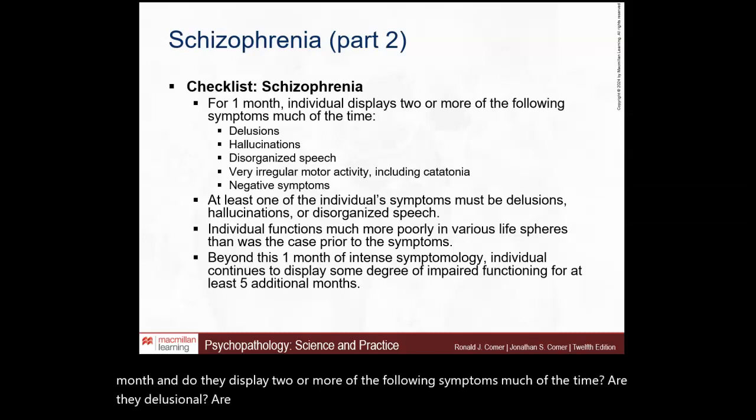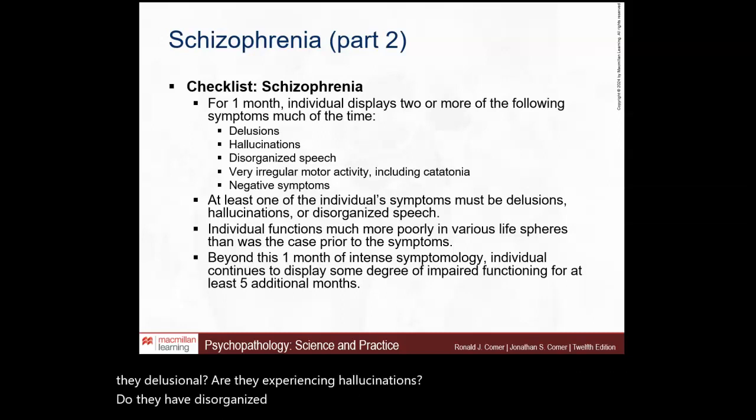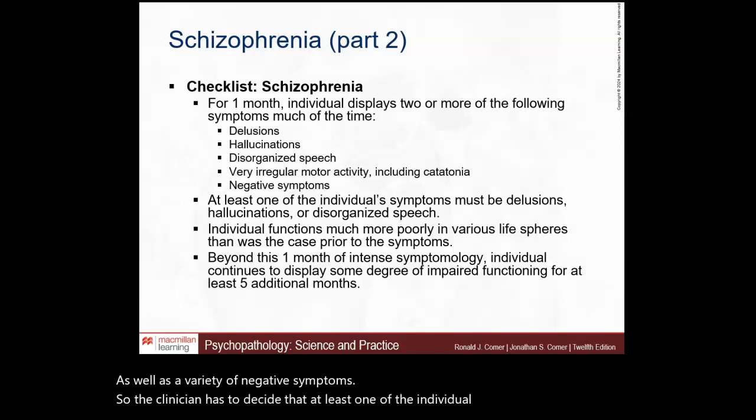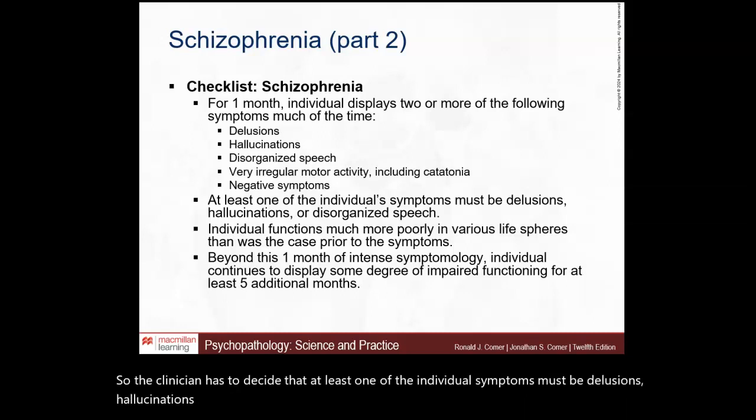Are they experiencing hallucinations? Do they have disorganized speech? They might have very irregular motor activity, as well as a variety of negative symptoms. So the clinician has to decide that at least one of the individual symptoms must be delusions, hallucinations, or disorganized speech.